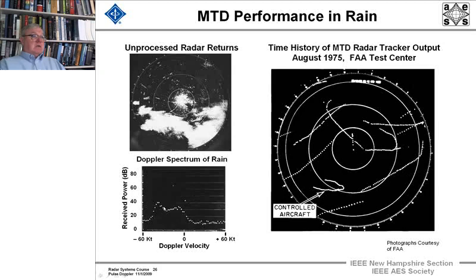And you can see that the rain is spread out. It's bimodal, and it's 20 to 30 dB above receiver noise level, and we see no false alarms from the rain, yet we see near unity detection of the targets.